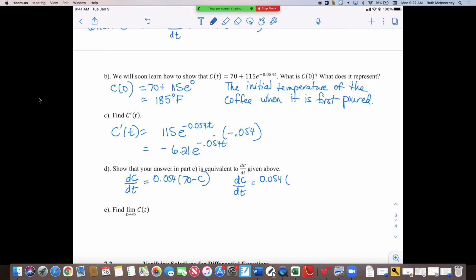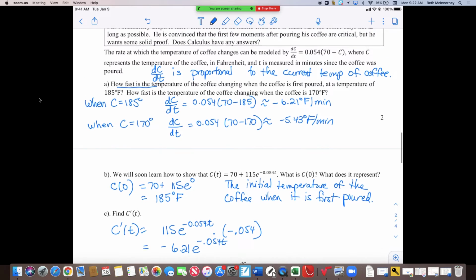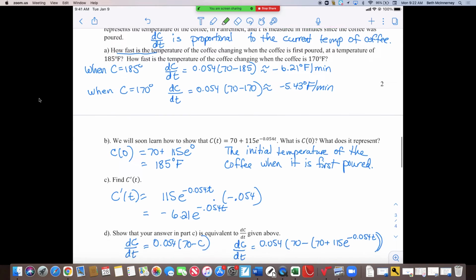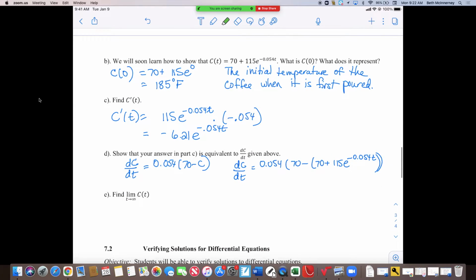We can substitute that C was 70 plus 115e to the negative 0.054t power. So all I've done is take what they gave us up here and plug in what C is.